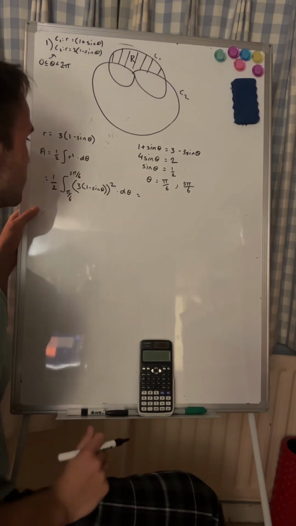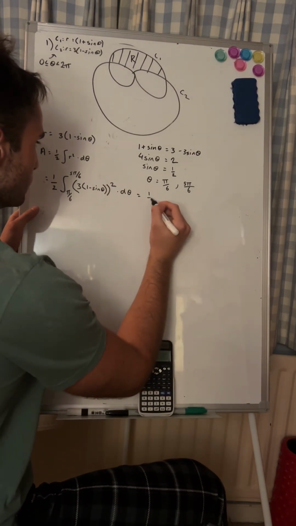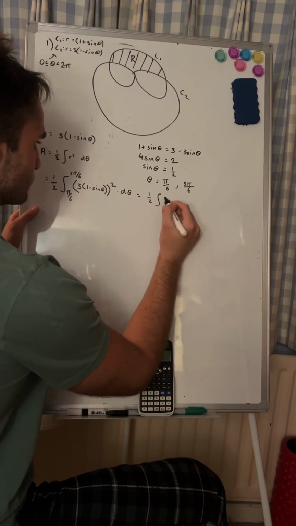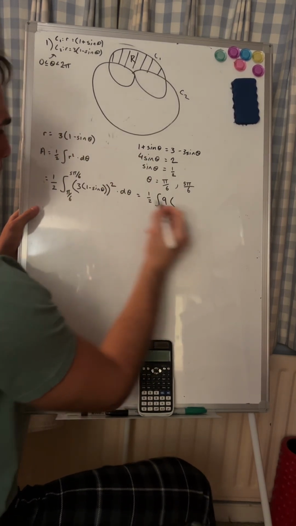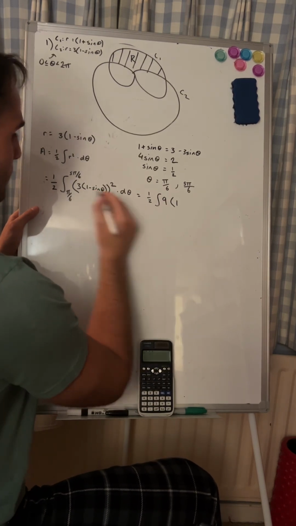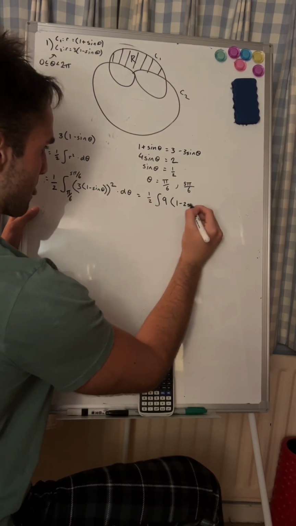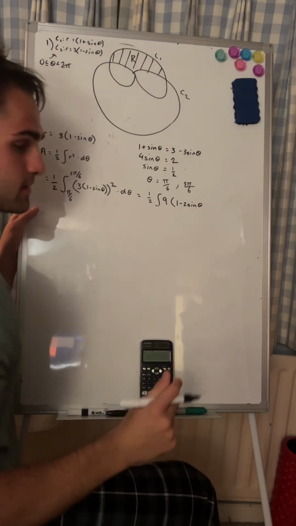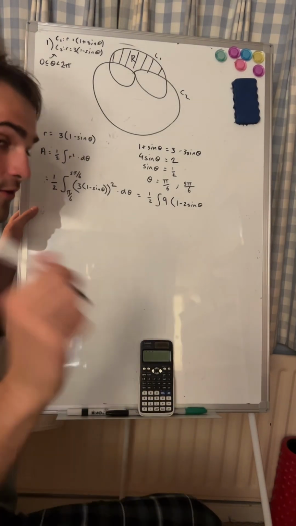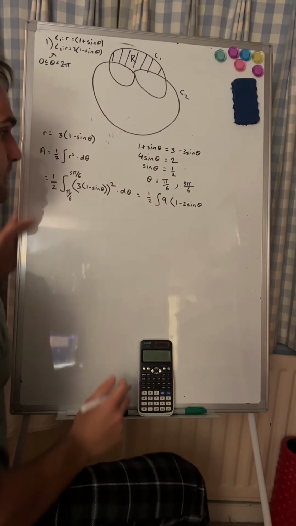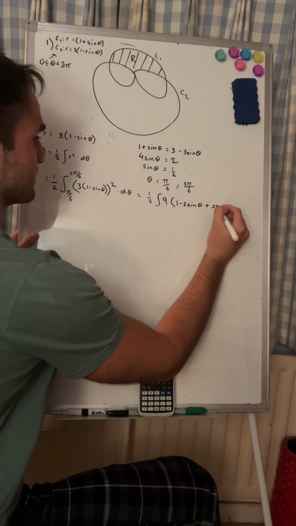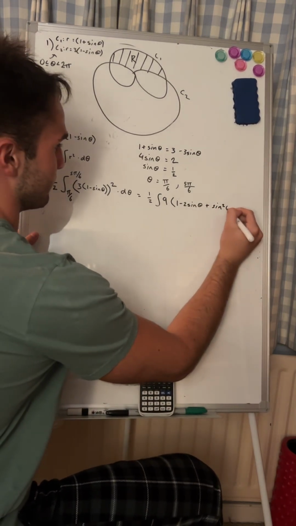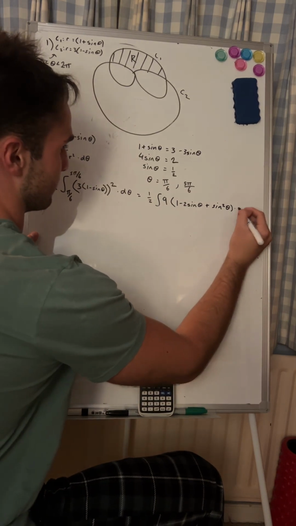That's going to equal 9 lots of, and then what's this squared? Well, 1 minus 2 sine theta. I'm going to skip steps because you guys are doing further maths, and otherwise it'll take so long to do. Plus sine squared theta times d theta.